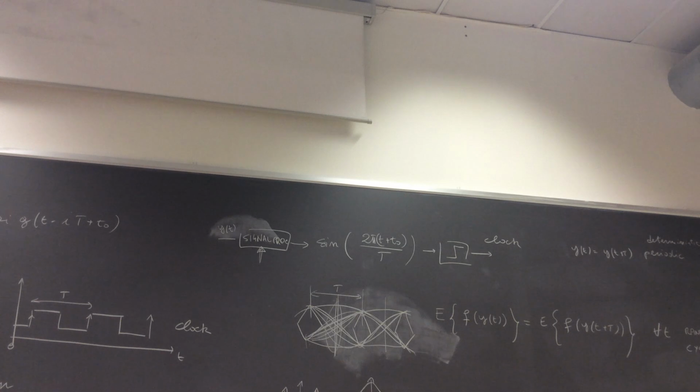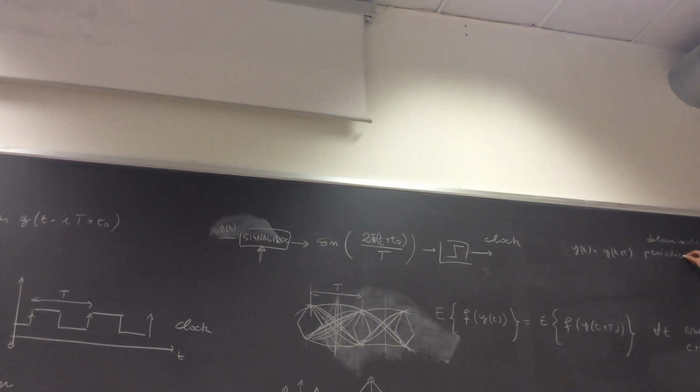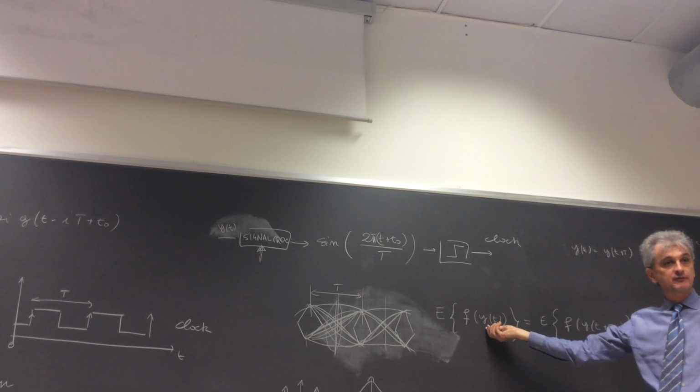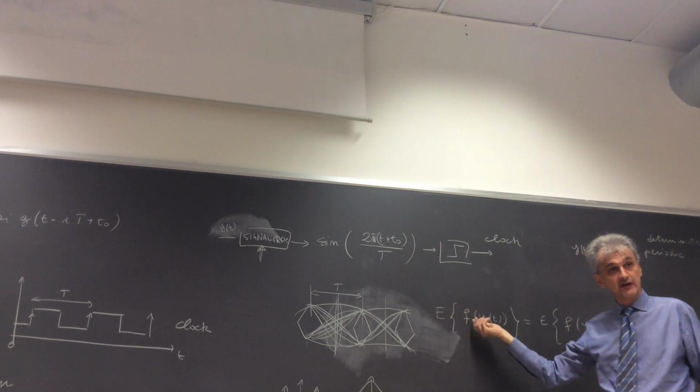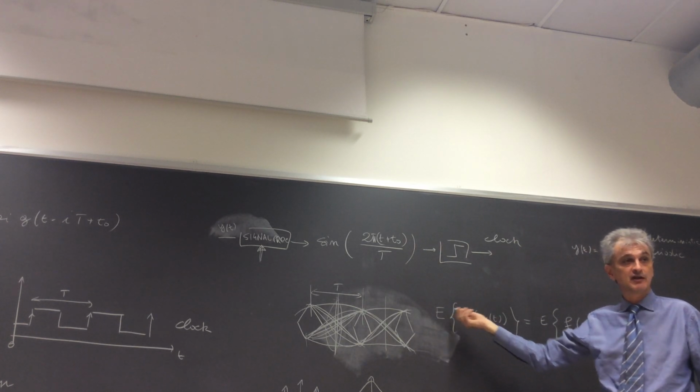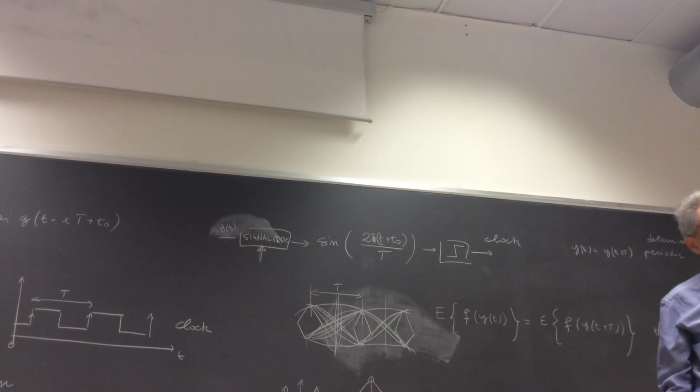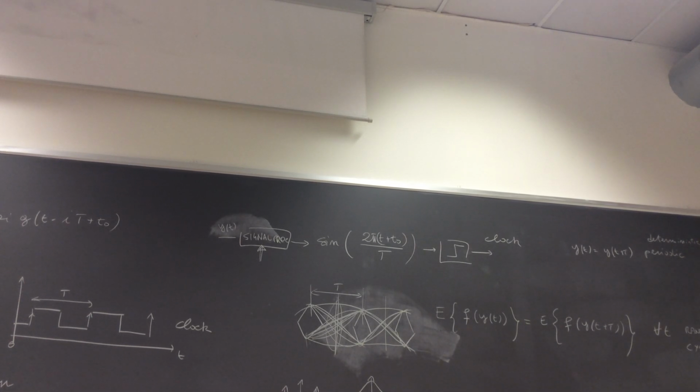Cyclostationarity is a property that is similar to the periodic property, but it applies to random signals. Any, for instance, moment, the first order moment, the power, and so on, you take the expectation of any transformation. So, for instance, any moment is periodic. When this happens, then you say that the random y is cyclostationary.